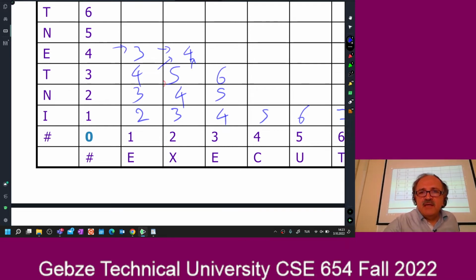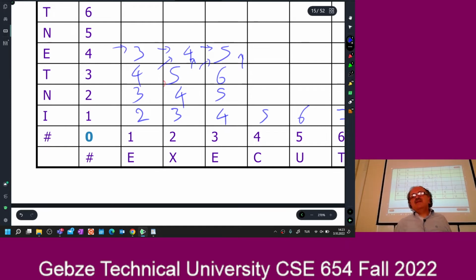If I come up, that is insertion, it is going to be 7. If I come from this way, it's going to be 5. And if I come from this way, it's going to be 5. So the cost is 5. Well, the final result turns out to be the same. It is 5. But that means what? I can come from either this way or that way.